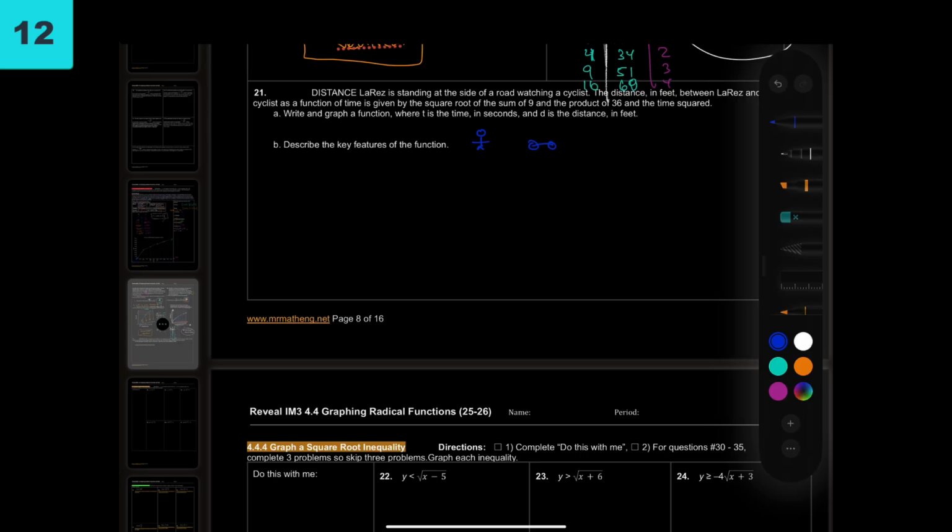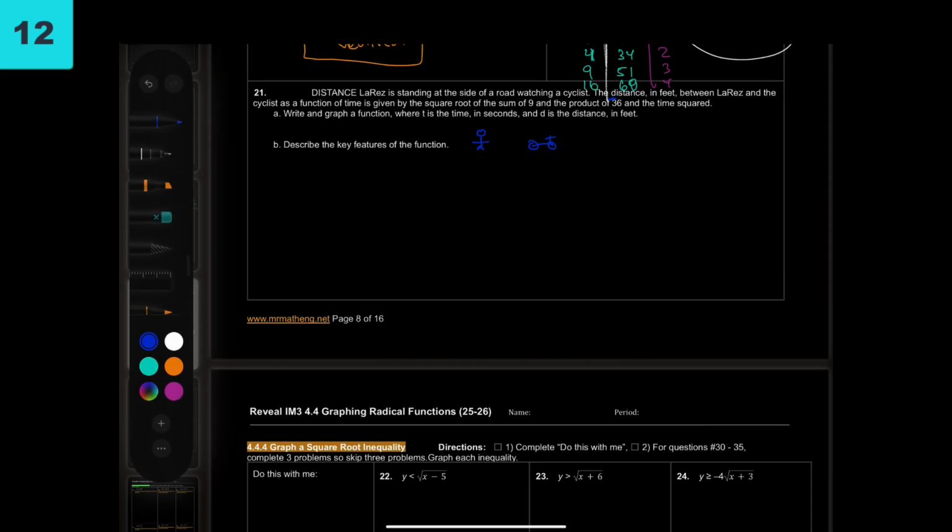The distance, D, between Larez and the cyclist is a function of time and given by D equals the square root of the sum of 9 plus the product of 36 and the time squared. So that's what our equation looks like.